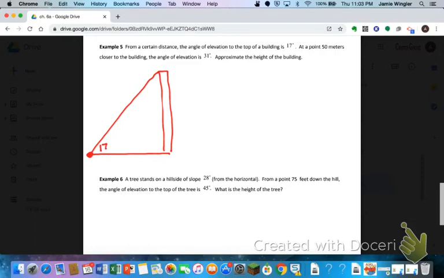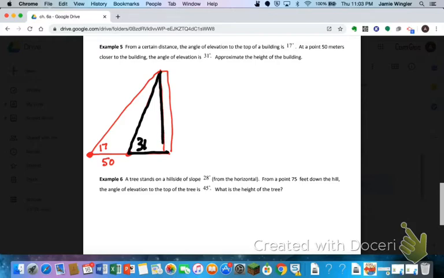At a point 50 meters closer to the building, so now we go closer to the building, 50 meters. The angle of elevation is still looking up, but this time that angle is this angle right here, and that is 31 degrees.